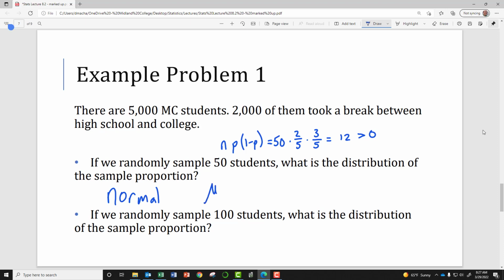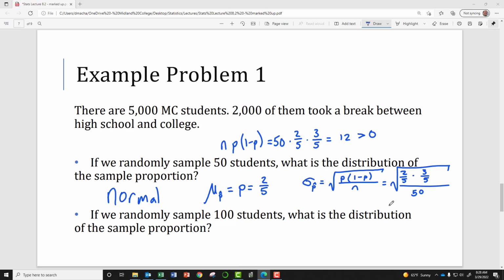The mean of the sample proportion is going to be the same as the population proportion, which is going to be 2/5. And the standard deviation of the sample proportion is going to be the square root of p times 1 minus p divided by n. So this is the square root of 2/5 times 3/5, all then divided by 50. And I'll get out my calculator to do this, but 2/5 times 3/5 is going to be 6/25.